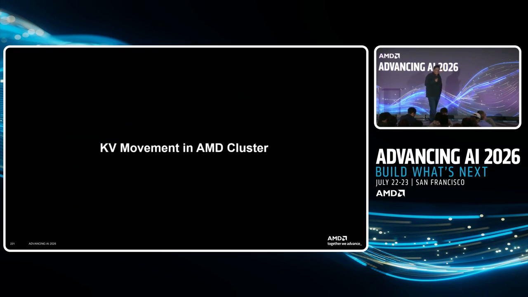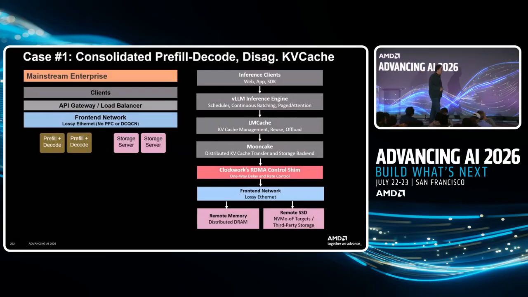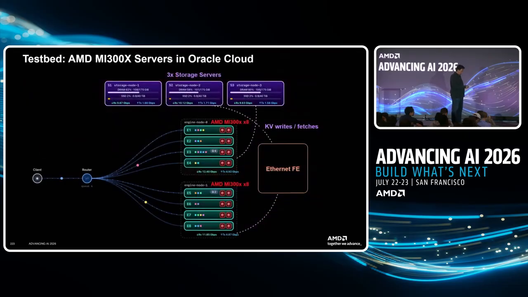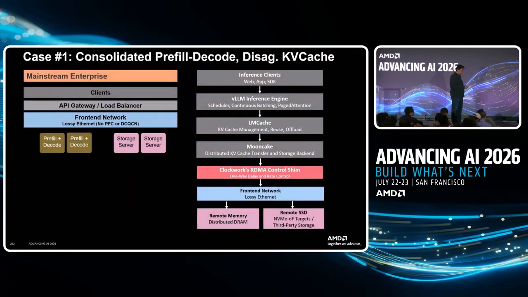Okay, so let's get into KV, how all this combines to give us the benefits we're hoping to get. This is the first of the two cases. Here, the stack is inference clients coming from the outside world.